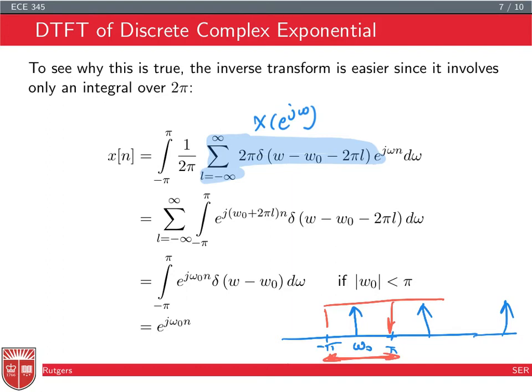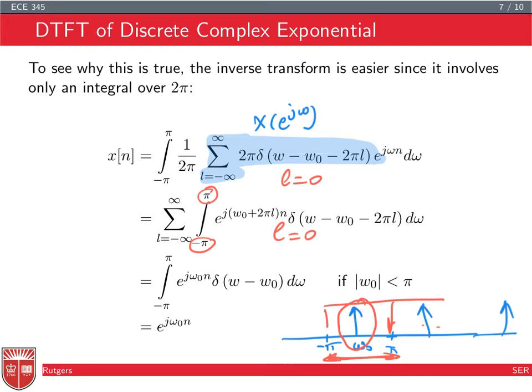So you're only going to pick up this impulse, and the rest are going to be 0. This is why, out of all this summation, the only thing that's going to matter is L equal to 0, because this is the only impulse within these boundaries.